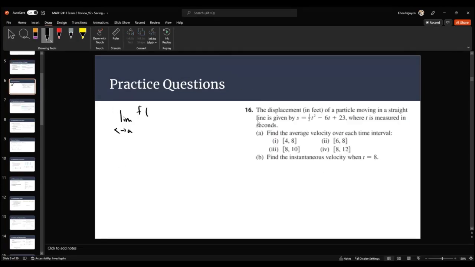Yeah, okay. I don't know why my tablet is lagging a little bit, but okay, I'm just going to use my mouse.